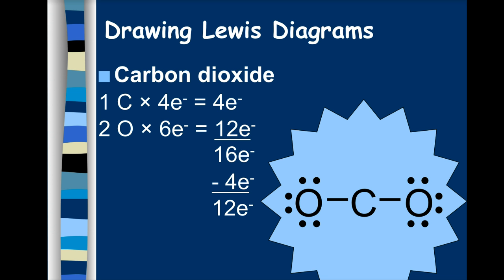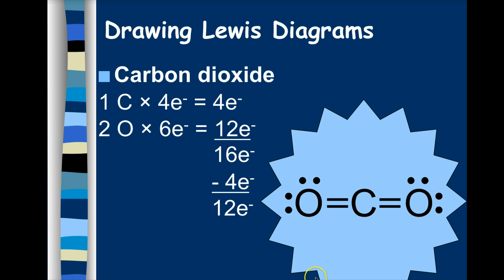So this is the case where we have to decide, we're short. So we have to try doing multiple bonds. Okay, so if I take away a set of electrons from each oxygen, and instead of having them as dots, as lone pairs, have them as shared pairs, let's see what that does for us.